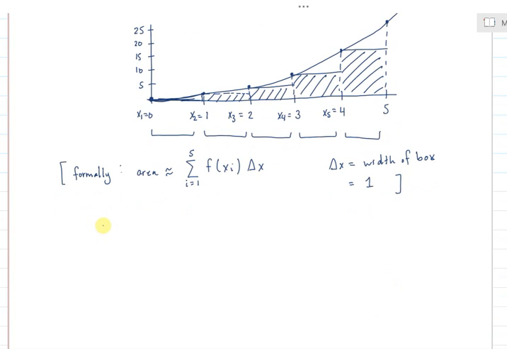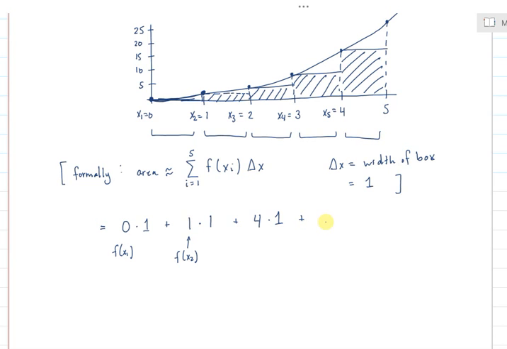So for my first box, this one over here, the height is 0. The f of x1 is 0, and my width is 1. For my second box, the height is f of 1, which is 1, and the width is 1. This one here is f of x2. For x3, my x is 2, so my height is 4, and my width is 1.